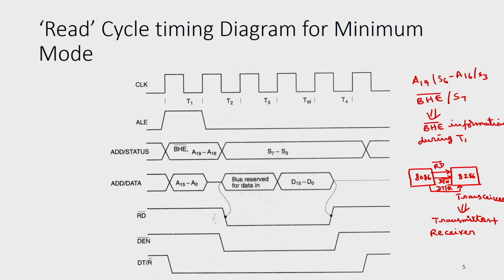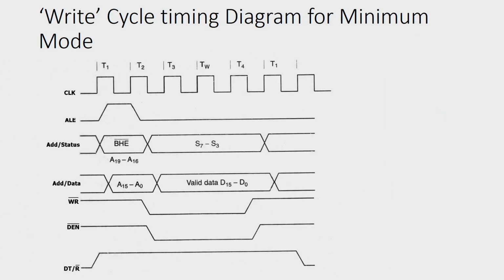The difference between read and write is that in case of a read operation DEN bar goes low during the T2 cycle and stays low up to the T4 cycle. Whereas in case of a write operation, DEN bar is low during T2, but it goes low just earlier than in the read case. So why?